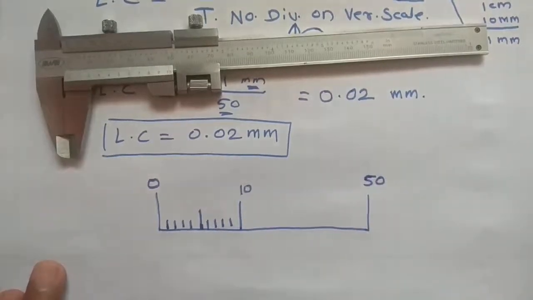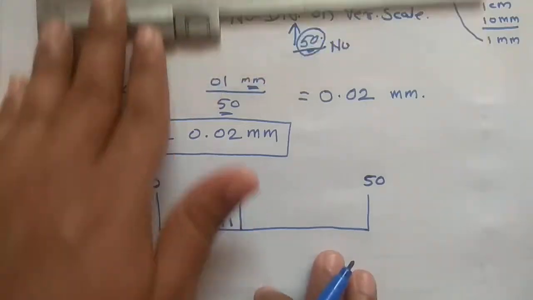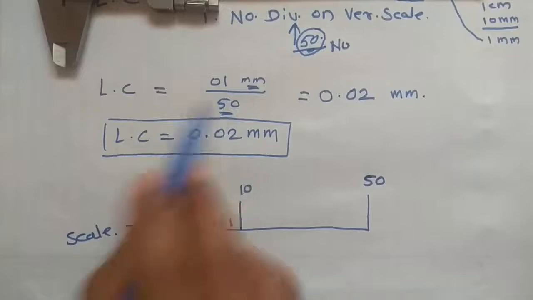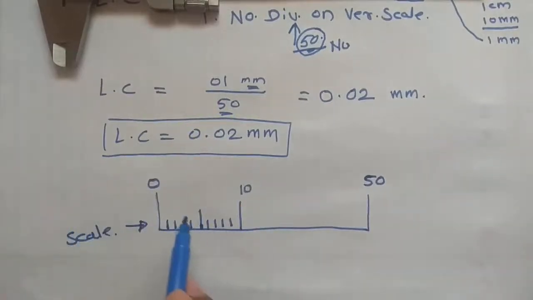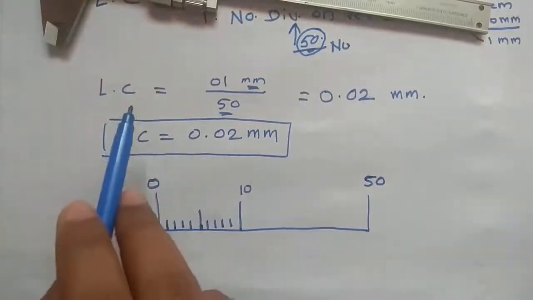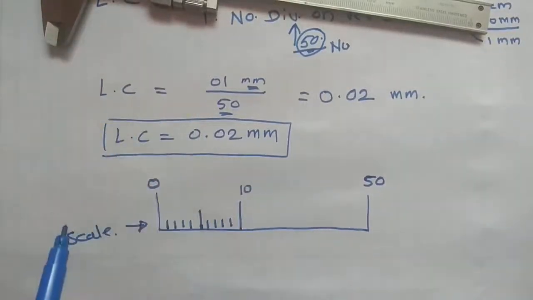In this condition, with our regular scale, we don't have two scales as mentioned in our formula, because here we have only one scale, the main scale, and the value of one division is 1 mm. We don't have the vernier scale.